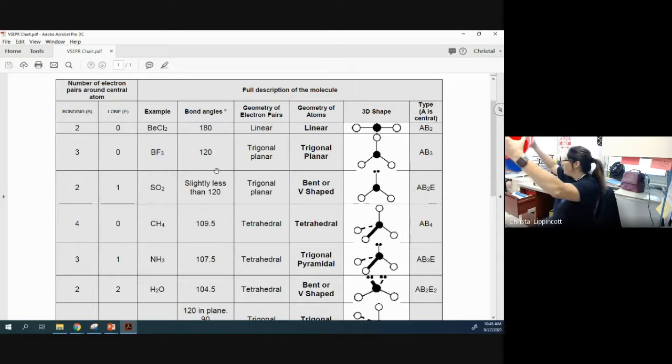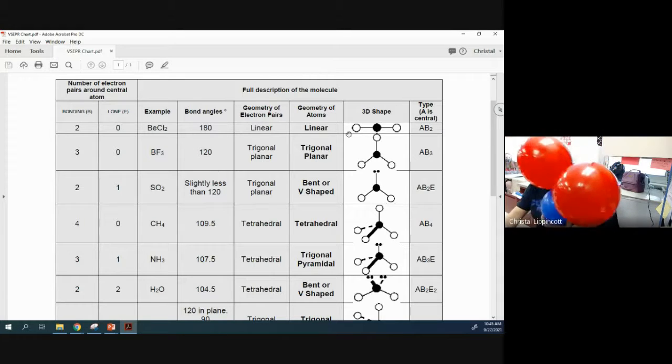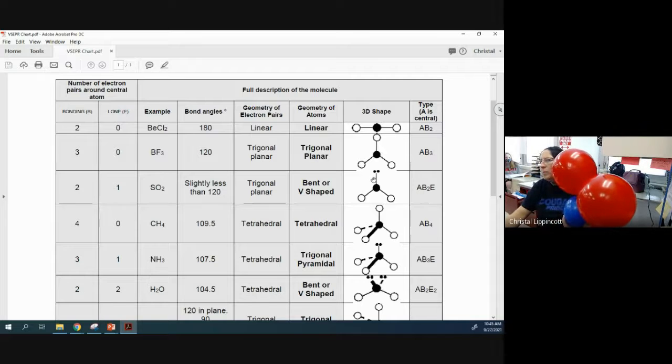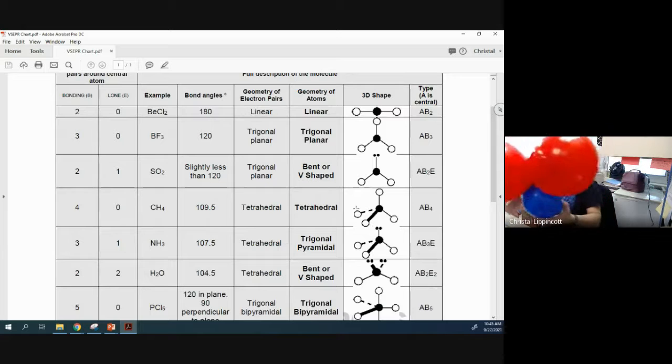Remember, they're closer to the nucleus, so they're causing these to go down a little more. Okay. And you think about this, if you drew this out, you would have the lone pairs of electrons. They'd be right here, and you can kind of visualize that this is almost a straight line, but not quite, you know, almost 120 degrees, but not quite. You know, it's a little less than 120. So you memorize that. Then you move on to tetrahedral.